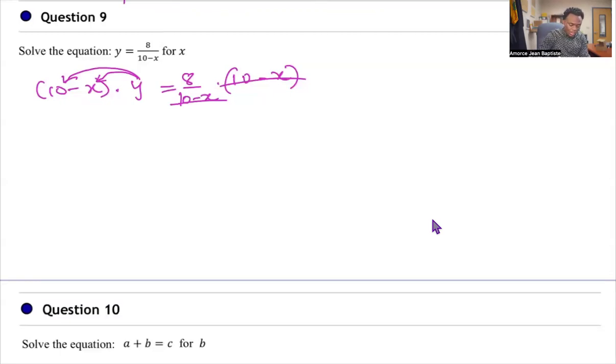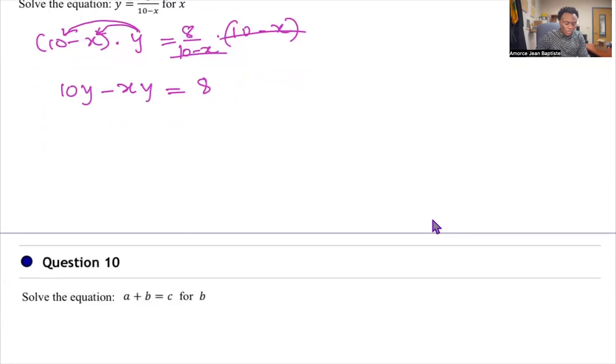You would get 10Y minus XY equals 8. Remember, we're solving for X. So we want to keep this one here and then subtract the 10Y.